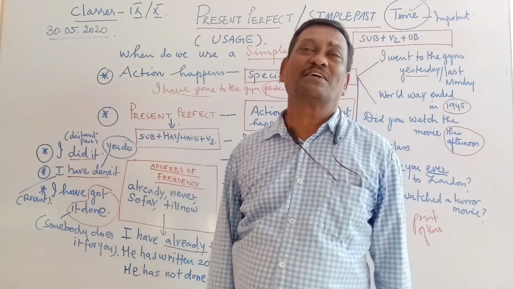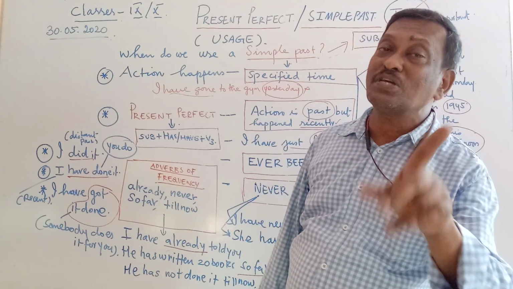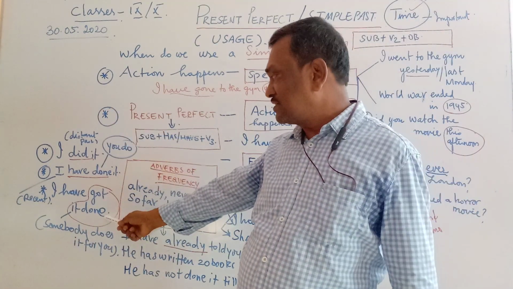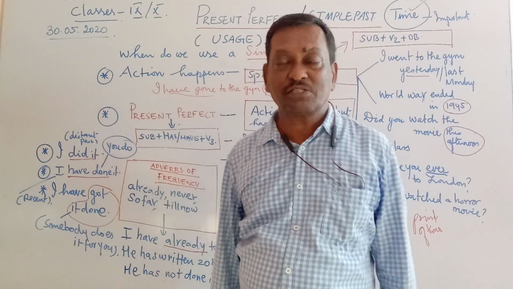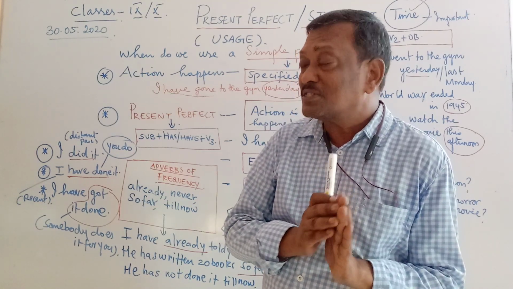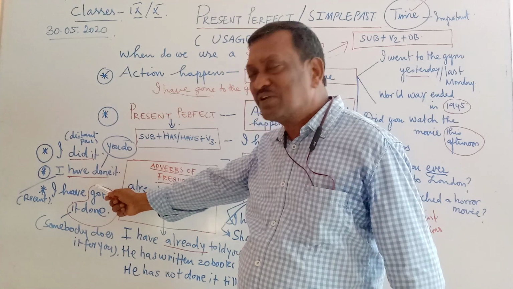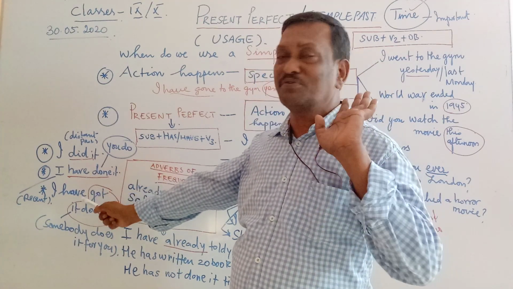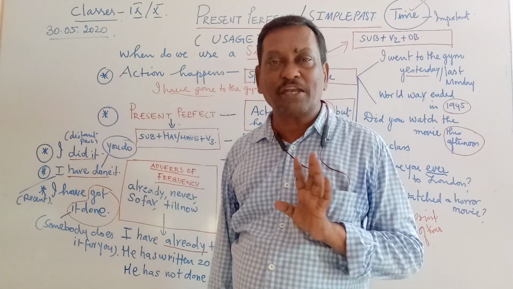What does this mean? Somebody else is doing the homework for you. He has already done it for you. So here, I have got it done means somebody is doing the work for you and you are not doing it yourself. But when you say, I have done it, it means you are the person doing it, or you have just done it.